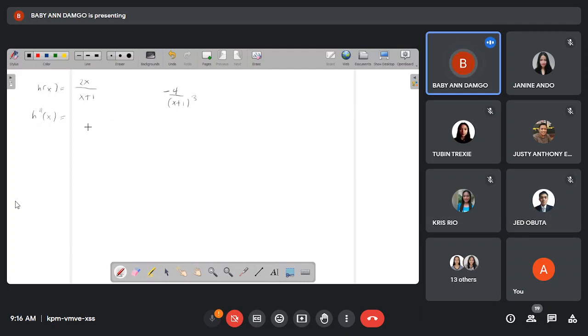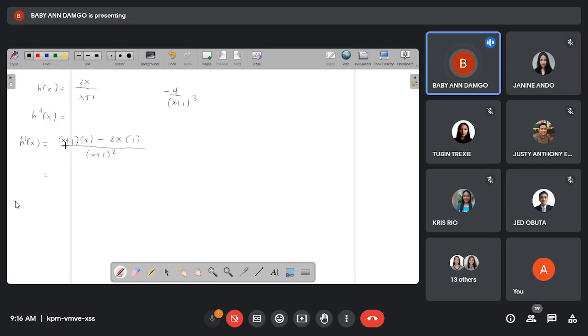Okay, let's solve to check if this is right. First, let's find the first derivative. This is x plus 1 times 2 minus 2x times the derivative of x plus 1, which is 1, over x plus 1 squared.